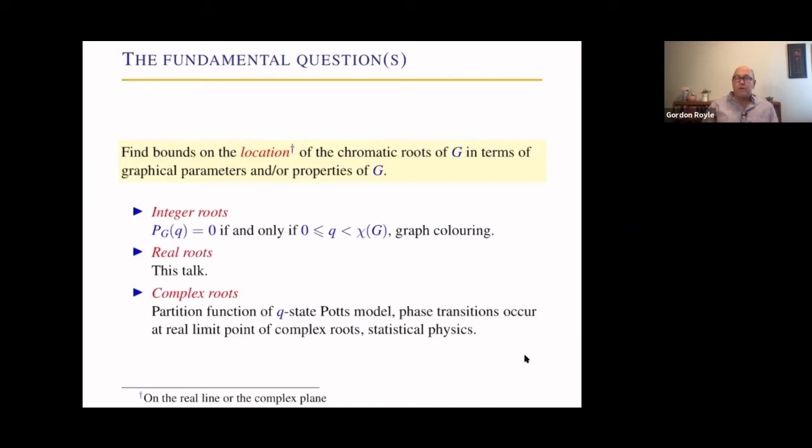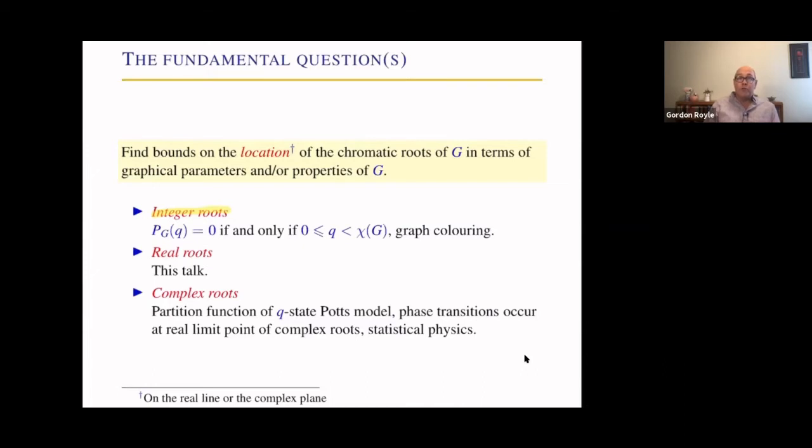Okay, it's been observed a few times that the study of chromatic roots falls into three quite distinct sorts of theories. There's a theory of integer roots. Integer roots are easy, because if you have fewer colors than the chromatic number, then there are no colorings, and if you have at least as many colors as the chromatic number, then there are definitely some q-colorings.